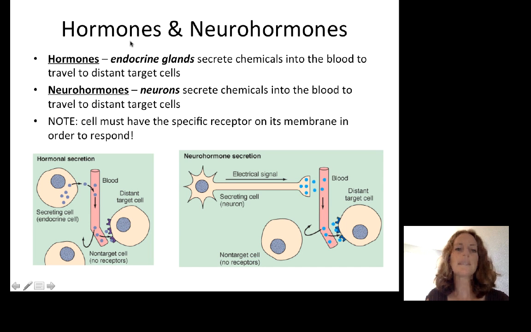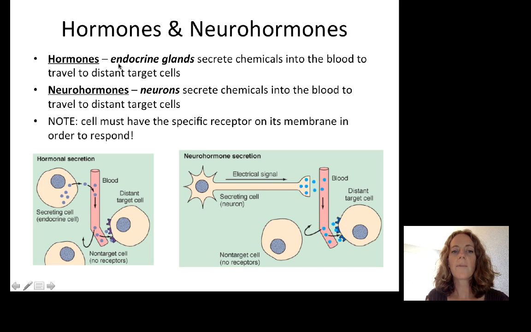Okay, now for long-distance signals. So our long-distance signals have to go through the blood, and they're going to travel through the blood to distant targets, and we're going to separate them by whether they come from endocrine-type glands or nervous system cells.